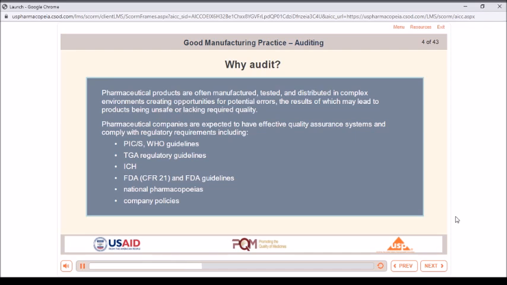Pharmaceutical companies are expected to have effective quality assurance systems and comply with regulatory requirements including PIC/S, WHO guidelines, TGA regulatory guidelines, ICH, FDA CFR 21, and FDA guidelines, national pharmacopoeias, company policies.